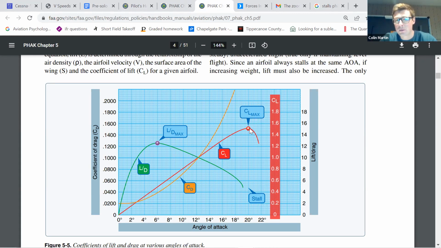But I'll also show you an accelerated stall, where we'll stall the airplane at 80 knots or 75 knots, to show you that you can stall at any airspeed. What matters is just that critical angle of attack. Sound good? Yeah, that sounds good.